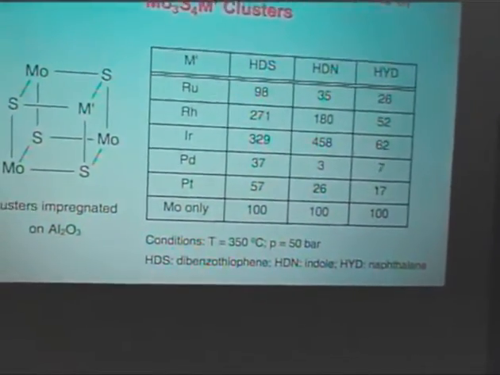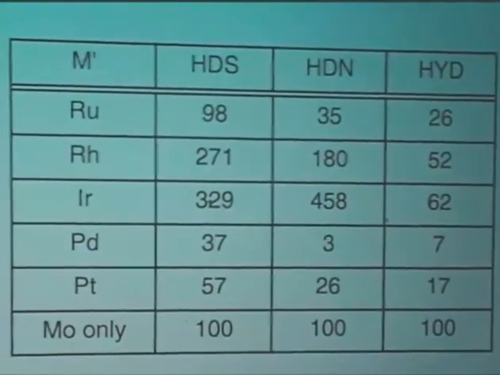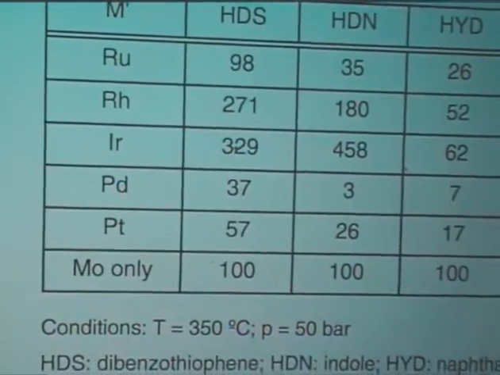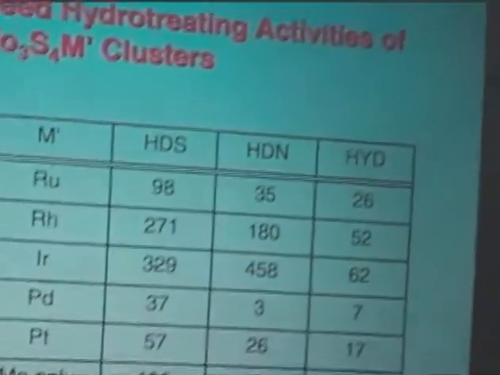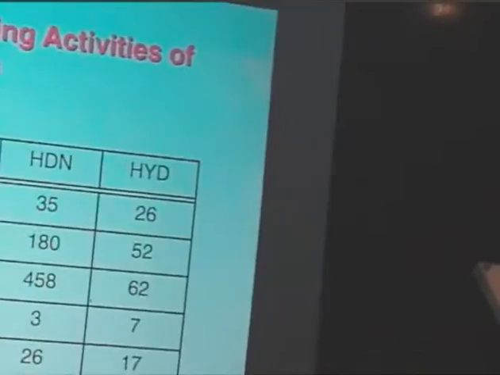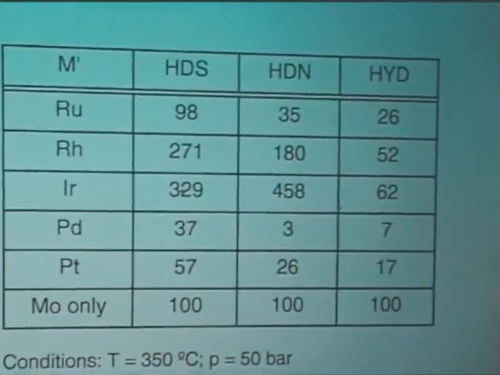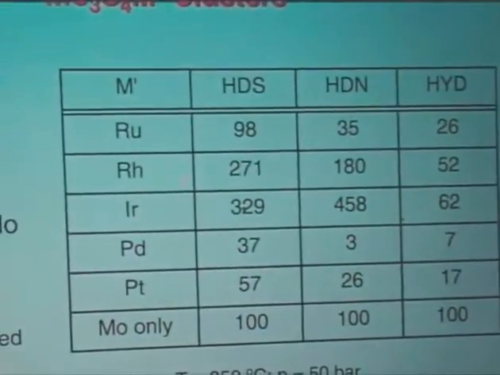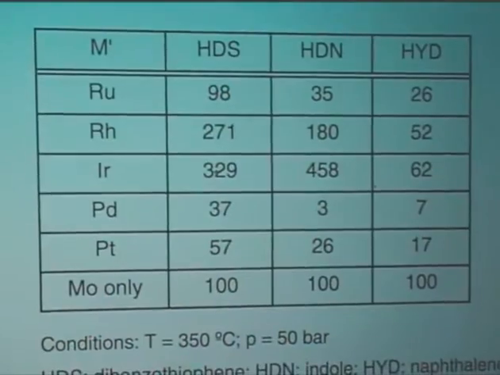And the catalysts had a molybdenum load of about 8% and a noble metal load between 3% and 5%, depending on the molecular weight. The results for the activities which you see here are referenced to a pure molybdenum sulfide catalyst on alumina.